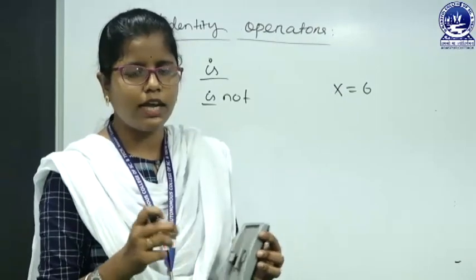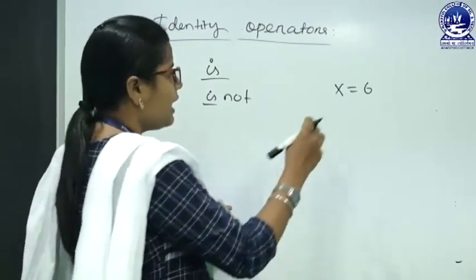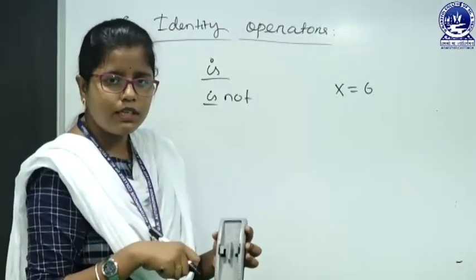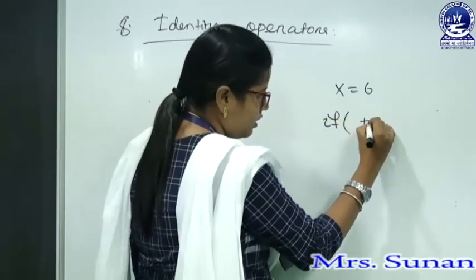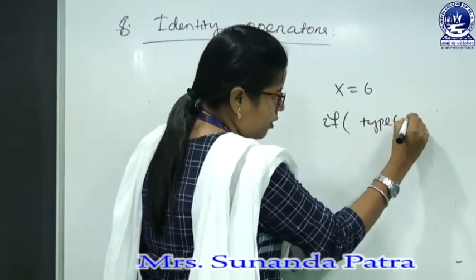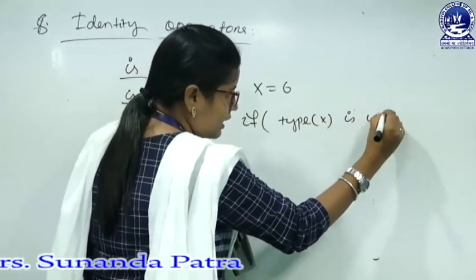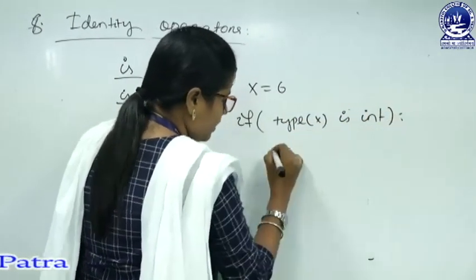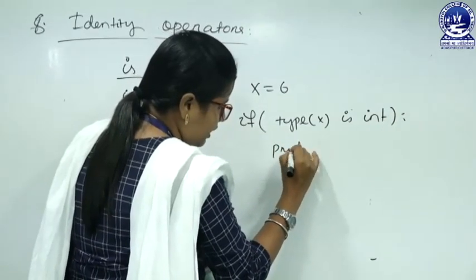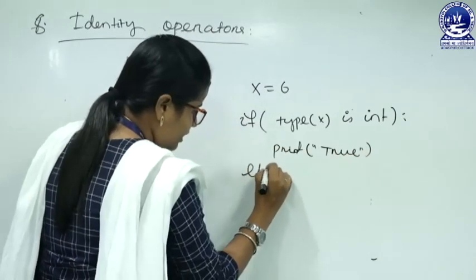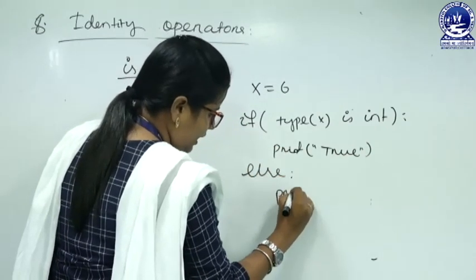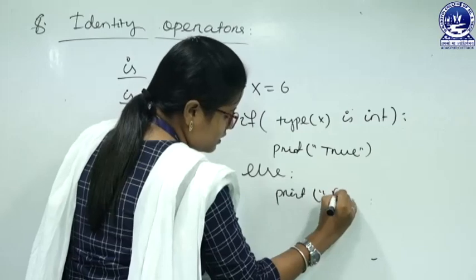So, x is of which type? It is an integer. So, if I am writing: if type of x is int, then it will print true, else it will print false.